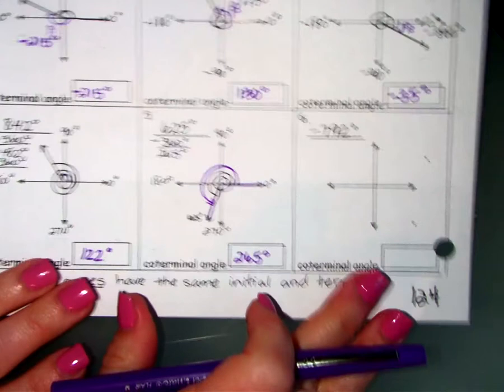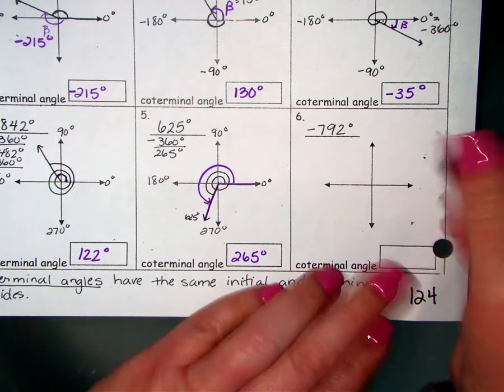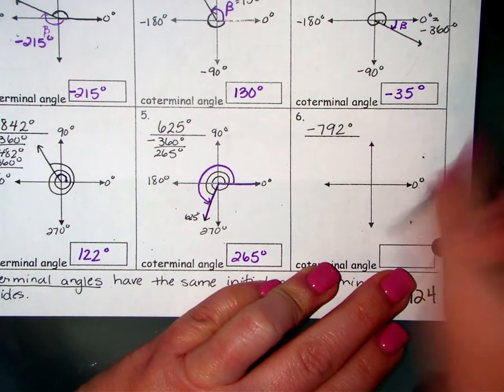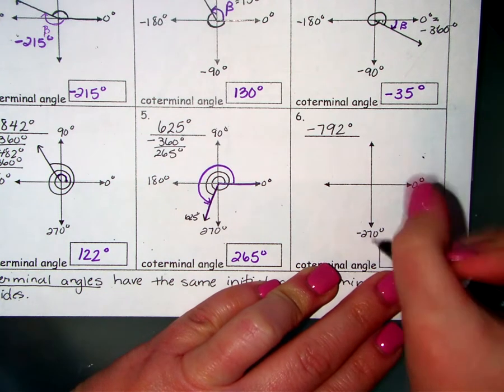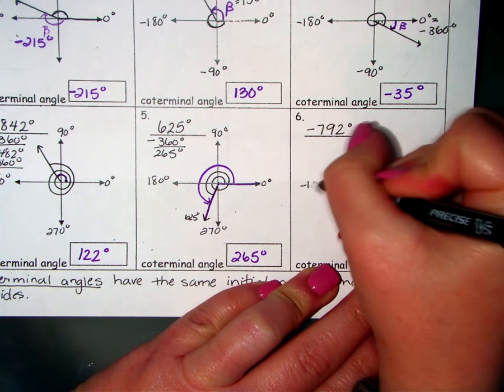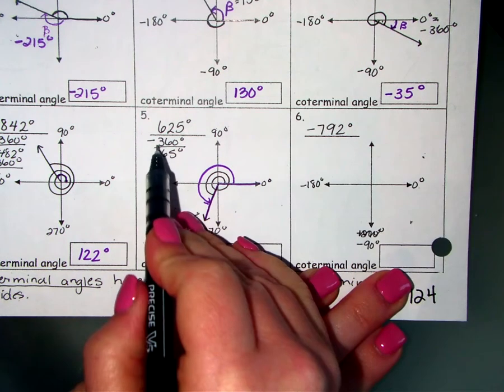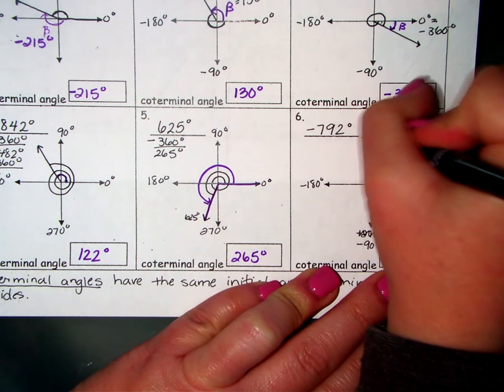Now for the final example, let's look at something that's in a negative direction again, but is more than one rotation. All right, and so in this case, we want to be able to unwind. Before I was subtracting off rotations to unwind. Here I'm going to have to unwind, but in the other direction.